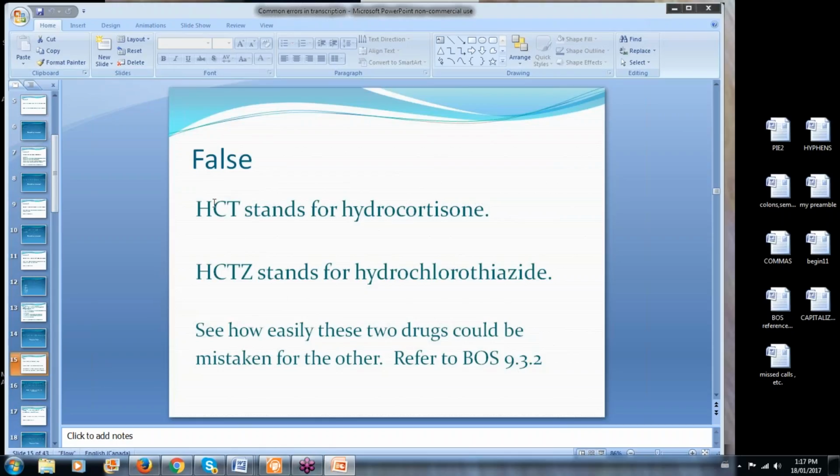And this is why these are on the dangerous abbreviation list, because as you can see, one could be misunderstood for the other. So it's always a good idea to type it out so there's no mistaking which one the doctor is actually referring to. So see how easily these two drugs could be mistaken for the other. So refer to BOSS 9.3.2 on that one.